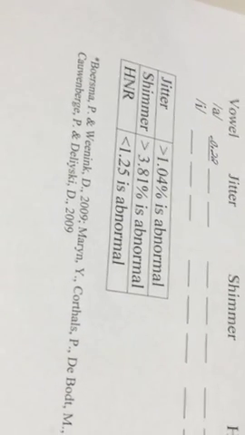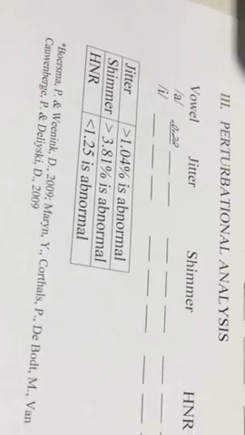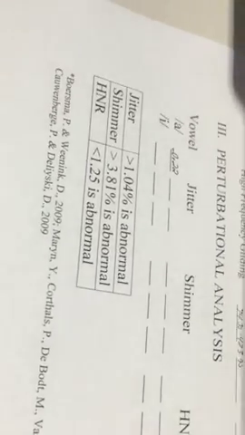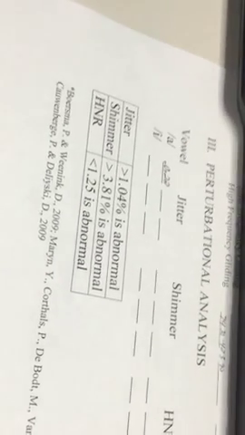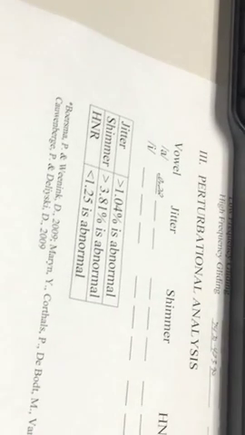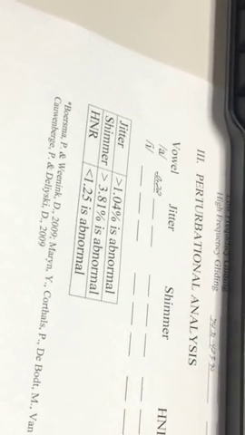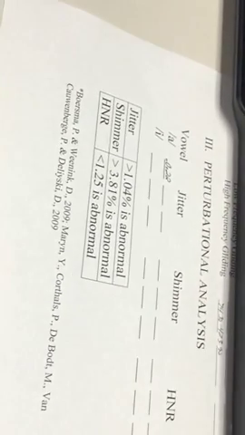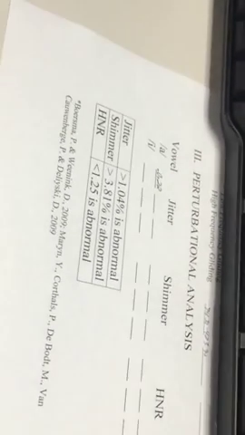You can see that I'm not greater than that, so my jitter value is within normal limits. Remember that jitter is cycle-to-cycle variation in fundamental frequency, right? So what we want to see is whether the person is way outside of the normal range when they're speaking or phonating. With various voice disorders, patients will have abnormal fluctuations in fundamental frequency.